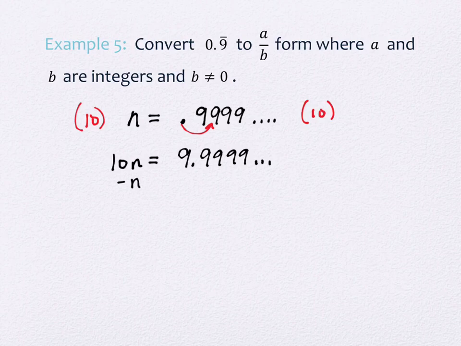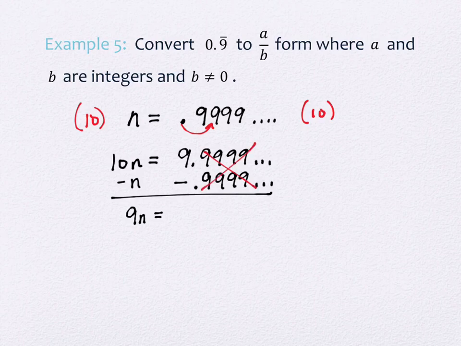Okay, so first we subtract n, and the value on the right-hand side that n is equal to is the 0.999s repeating. So 10n minus n is 9n. And 9.9999 repeating minus the 0.999 repeating gives me 9.